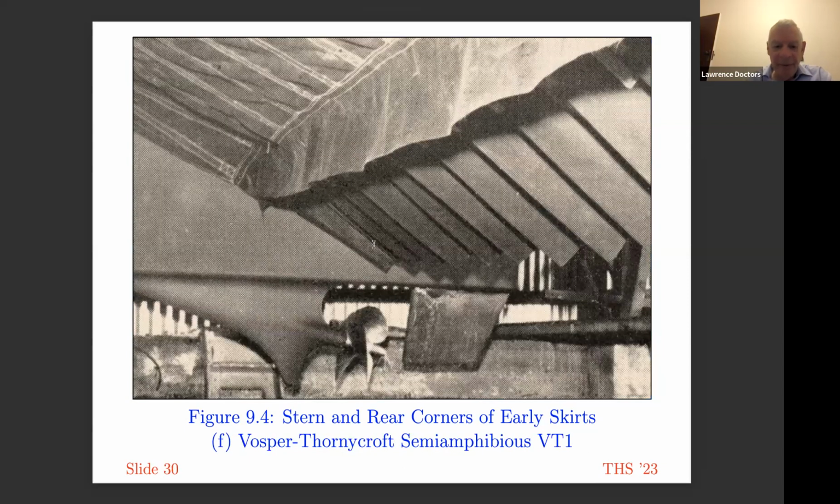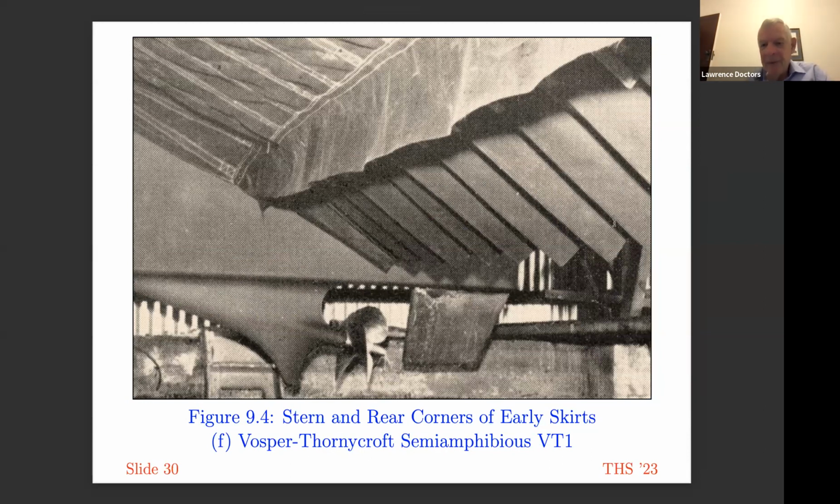This is the VT1 semi-amphibious hovercraft, Thornycroft, and we're looking at the stern of the vessel. One can see here the internal fingers. So to the best of my understanding, there would have been a double finger arrangement.